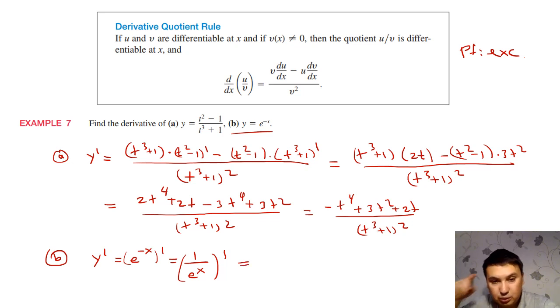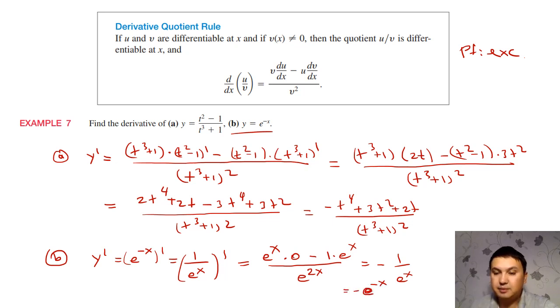According to this rule, v, which is e to the x, times the derivative of 1, which is 0, minus u, which is 1, times the derivative of e to the x, which is e to the x, divided by e to the x squared, which is e to the 2x. So what we have is minus 1 over e to the x. Or if you like, you can write it as minus e to the minus x.